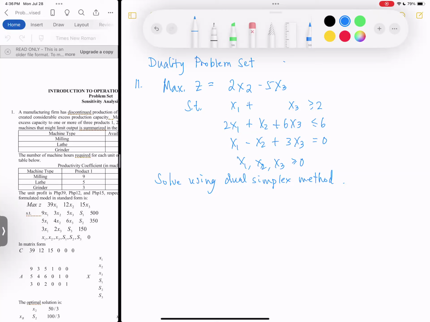Okay, and then you will eventually discover that you need to augment the original problem in order for it to become super optimal for you to be able to solve using dual simplex method. So let's illustrate using this problem.